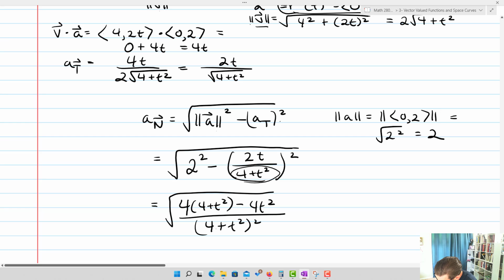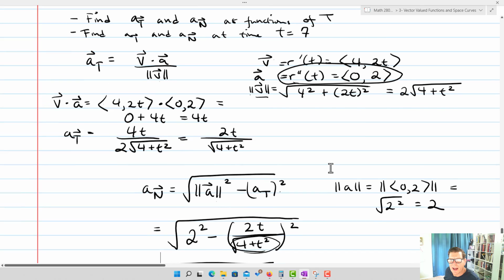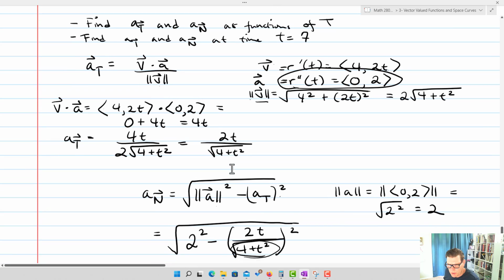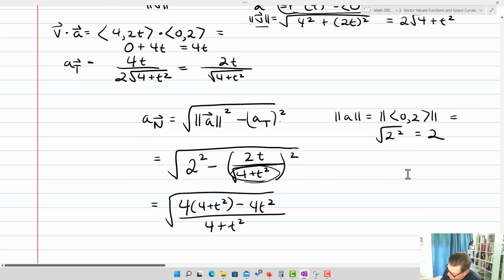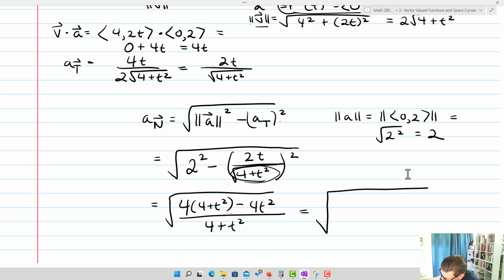Remember up here that it's over the square root of 4 plus t squared, and I forgot my square root, so I just multiply by 4 plus t squared. So this gives me the square root of 16 plus 4t squared minus 4t squared, divided by 4 plus t squared.